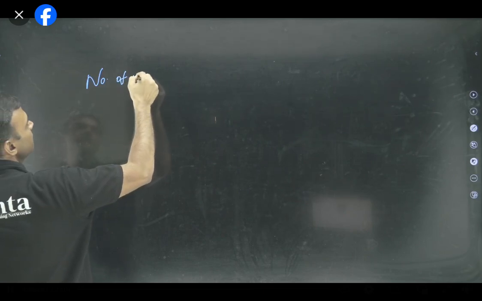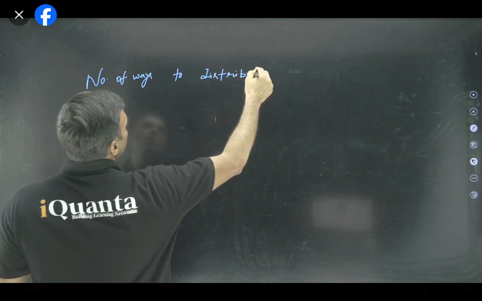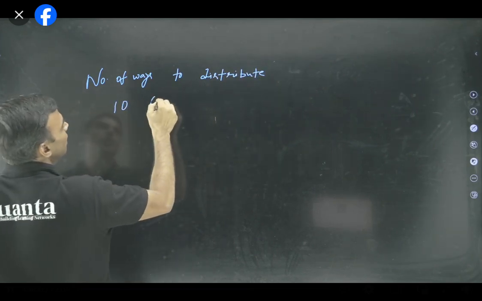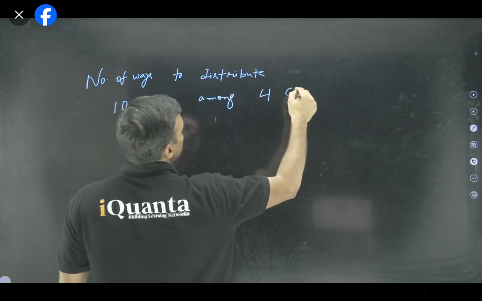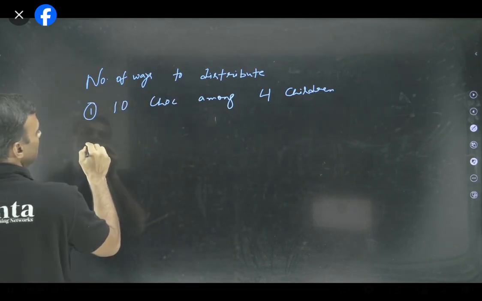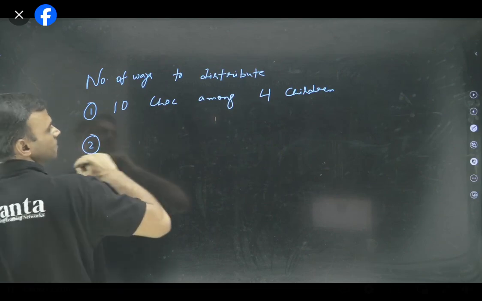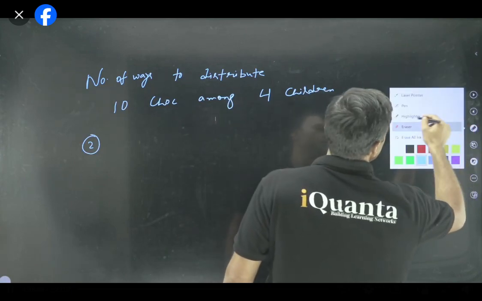Number of ways to distribute 10 chocolates among 4 children. Okay? Dusra. I'm writing 3 questions here. Just pay attention.